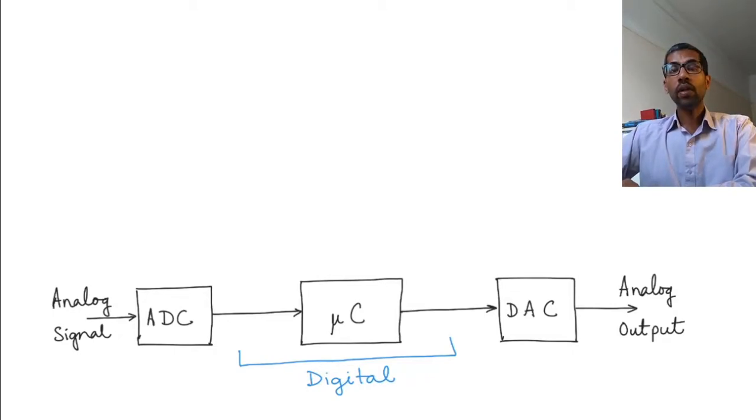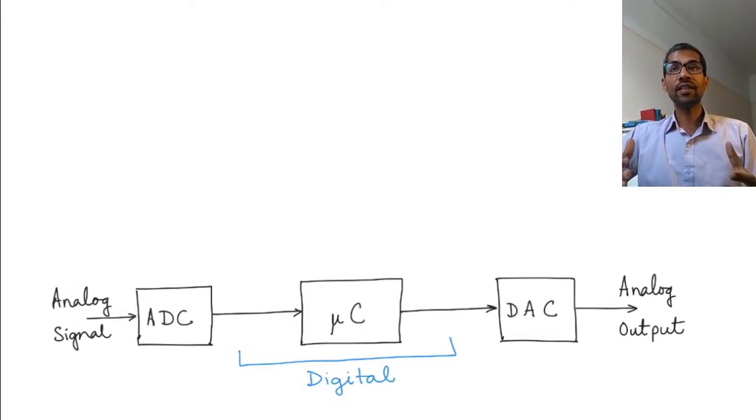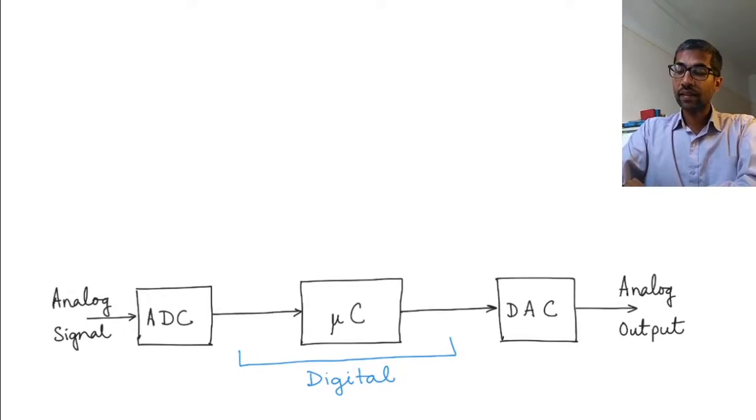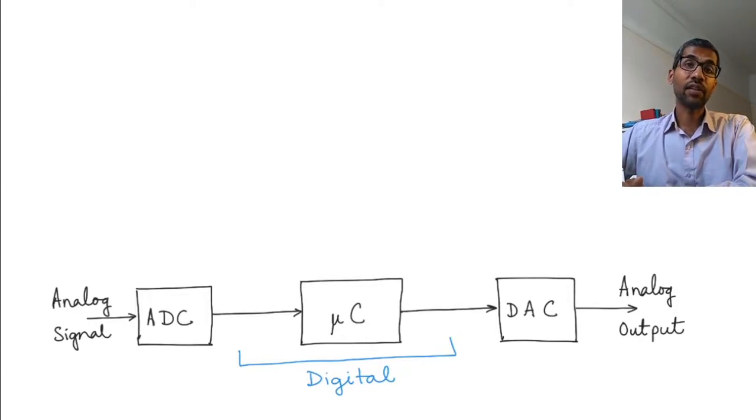What I wanted to emphasize here is what we mean by a digital signal. What do we mean when we say an analog signal has been converted into a digital signal? What does a digital signal actually look like? One of the things that I'm not sure you have appreciated as we have done analog to digital converters and digital to analog converters is that when we say digital signal, what we mean is basically an array of numbers.